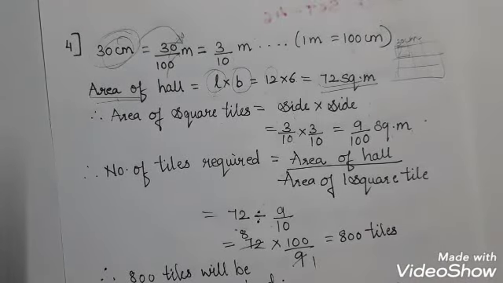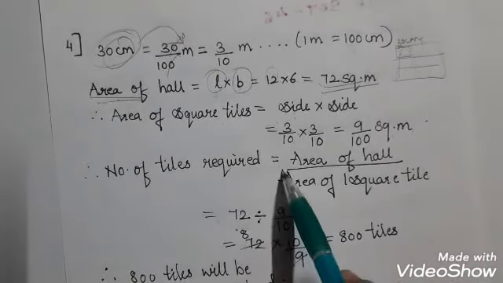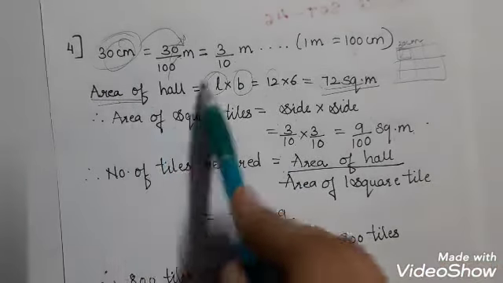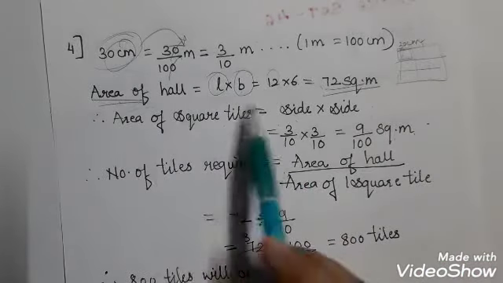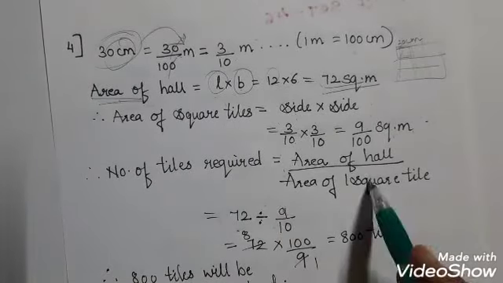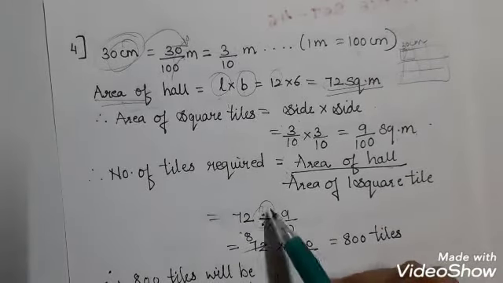Now I have to find how many tiles will fit in the entire hall. So number of tiles required is equal to the area of the hall divided by area of this one square tile. Okay, area of hall is how much? 72. Upon means divided. Why have I put division?